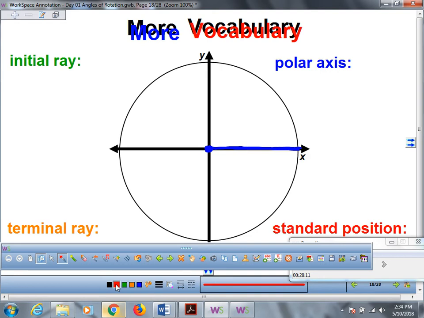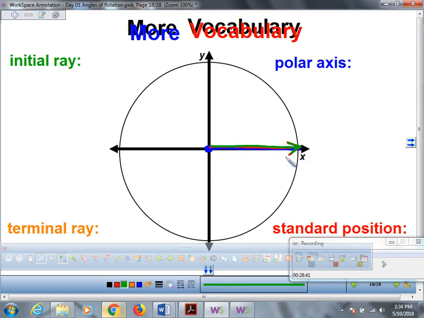The standard position is an angle that begins on the polar axis. Does it make sense? So if I say that an angle is in standard position, you know that it starts here, which brings me to an initial ray. That means this is called the initial ray.